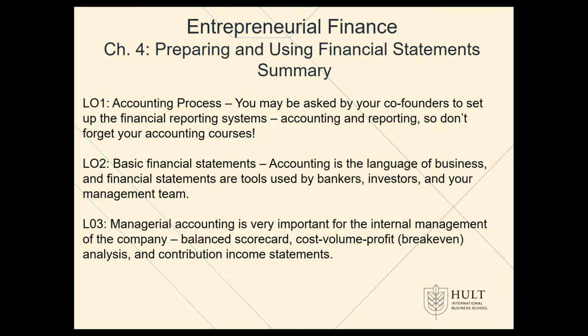Using that relationship, we can extend it to CVP, or cost volume profit, where we can do break even or target profit or a number of other simulations of how your business will do if certain things occur. And finally, there's a format for income statements internally that is superior, and that is the contribution income approach, or the contribution income statement. All right, so that's it for chapter 4.